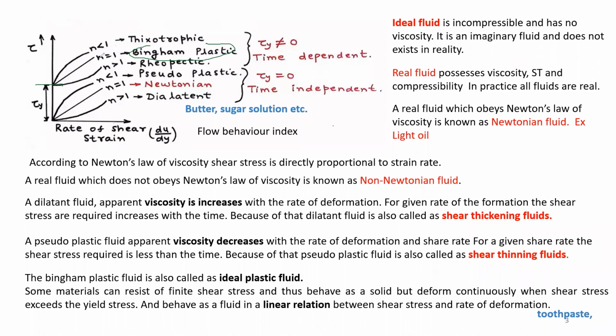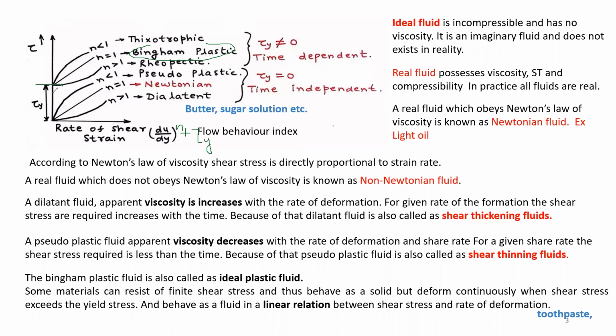After that, the stress is proportional to the rate of shear strain. In fact, this is the power of n, and n is equal to 1 for the Bingham plastic, and n is equal to 1 for Newtonian, plus tau y for this Bingham fluid, because tau y is added for the Bingham fluid. Otherwise, tau y is not added for the other fluids.